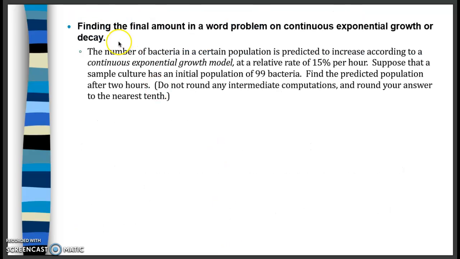So for this problem, the number of bacteria in a certain population is predicted to increase according to the continuous exponential growth model. So that means for continuous exponential growth or decay, we use A, or our final amount, is going to equal our initial amount times E raised to the RT.